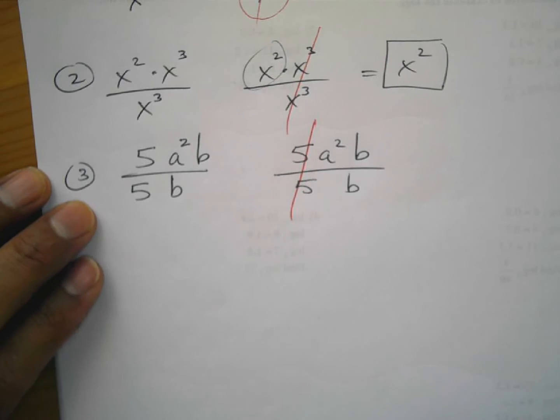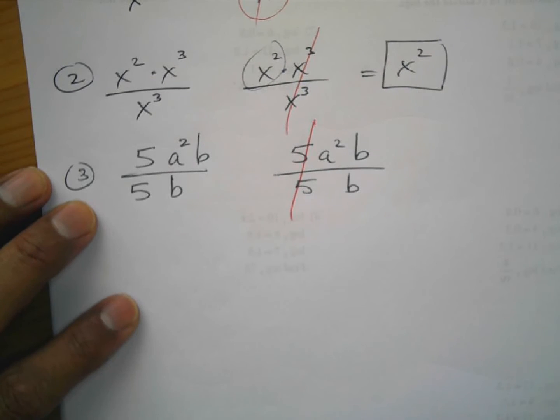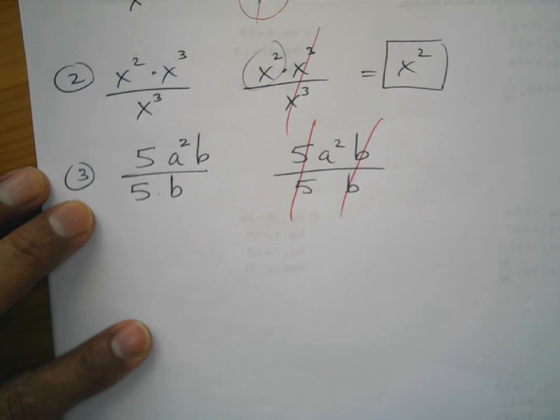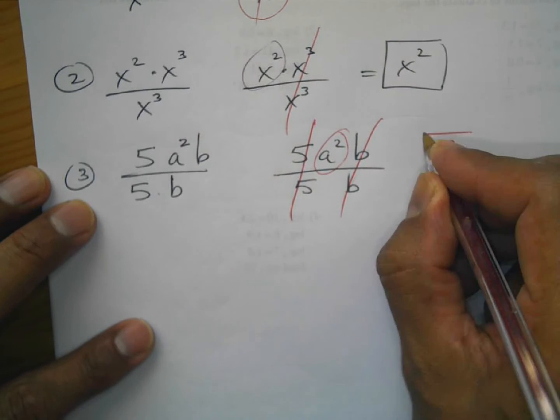The 5 divides with the 5. 5 divided by 5 is 1. It goes away. And the b's, right? The b's are the same. They cancel out. They divide out. What's the answer? Whatever's left over. a^2.